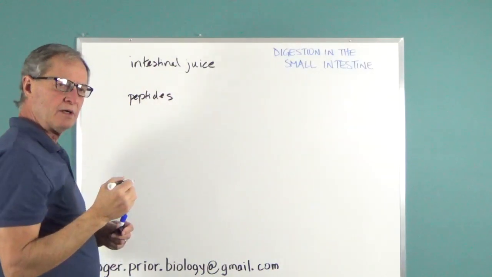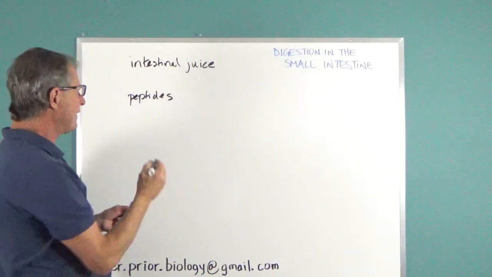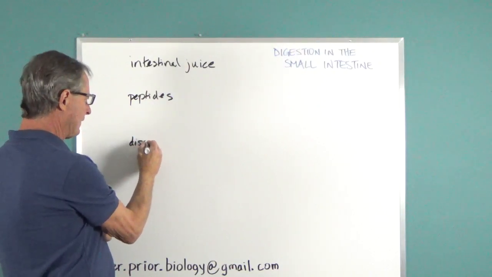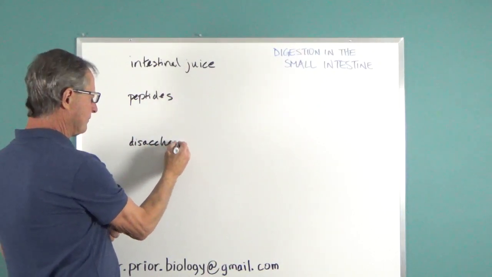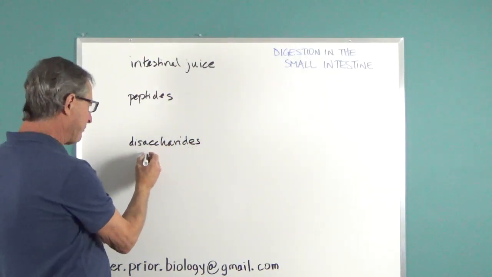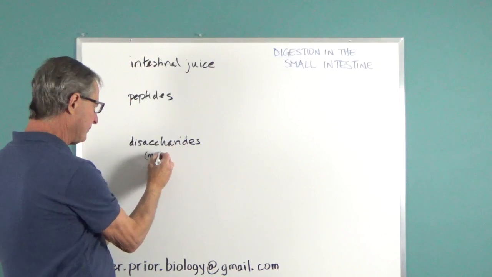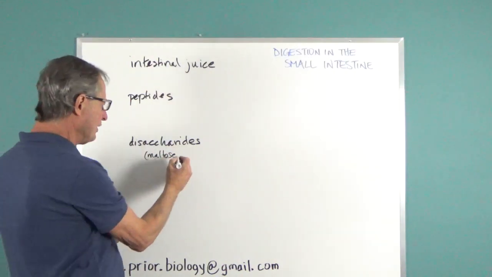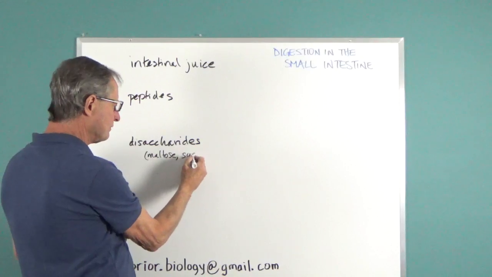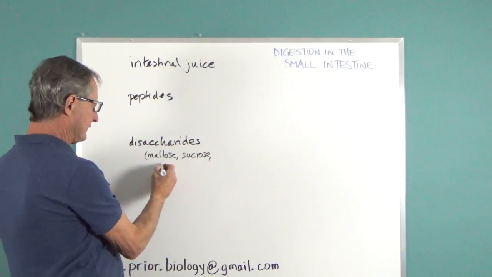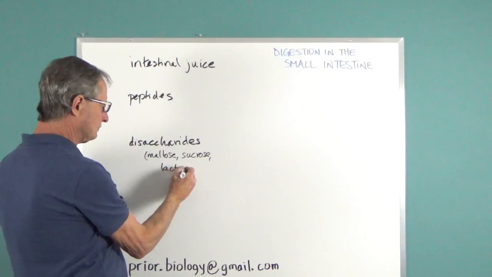We've got our carbohydrate component of the food. They're all disaccharides, for example, maltose. But there are other disaccharides in our food. We also eat sucrose, lactose.